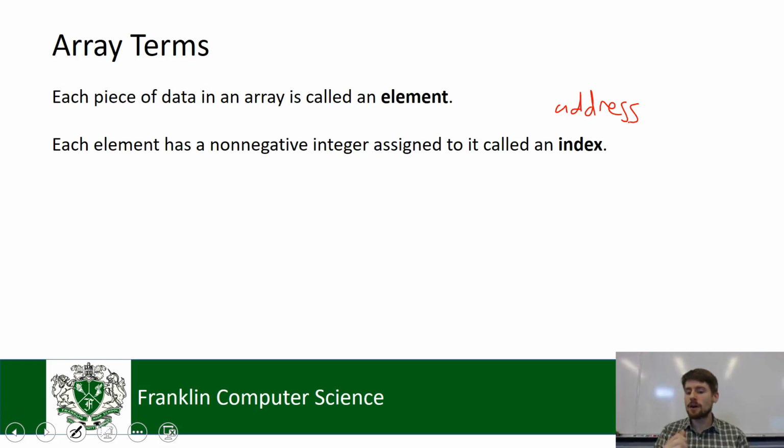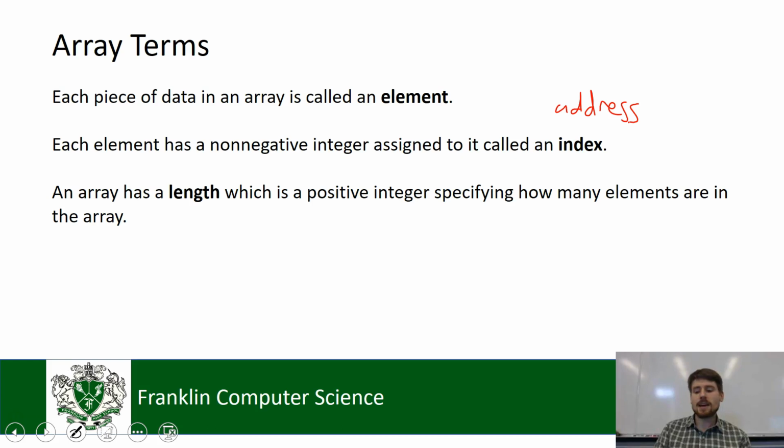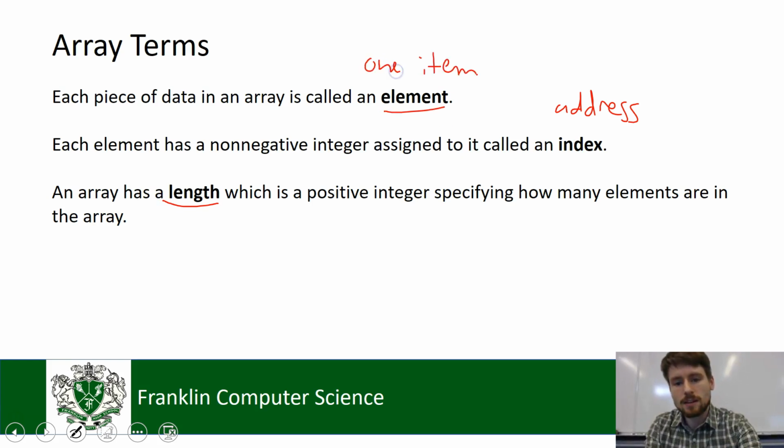It's telling you how to find the thing that's in that index. Okay, and then an array has a length, which is a positive integer specifying how many elements there are in the array. So we have an element, which is one of the items in the list.